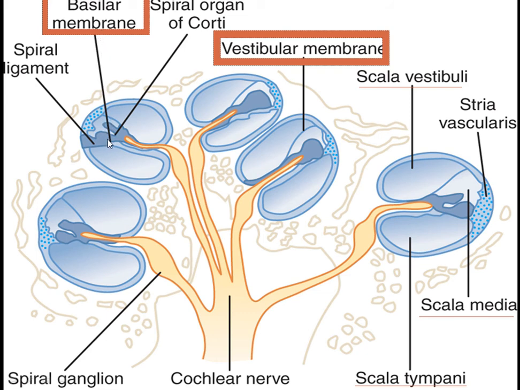This is the basilar membrane, which has the main receptors for hearing on it, and because of the stimulation of these receptors, the nerve impulse is generated. The scala media is very important regarding the fluid, as it has a very specific composition and has an important role in the generation of the nerve impulse, and that will be discussed in the next video.